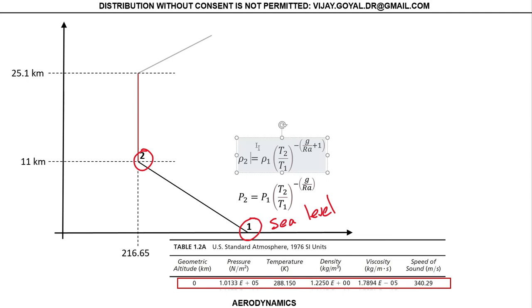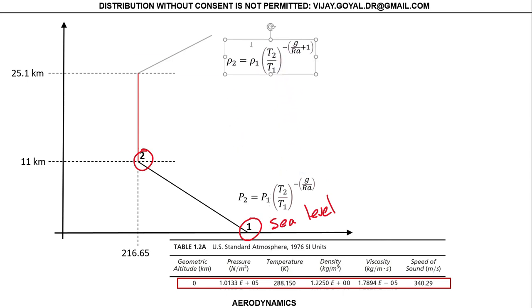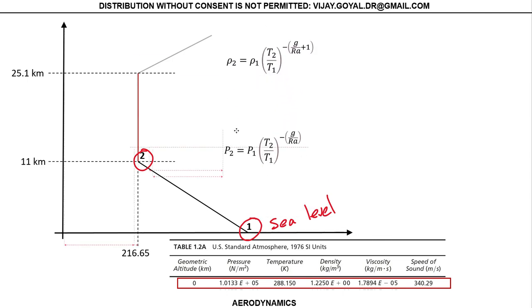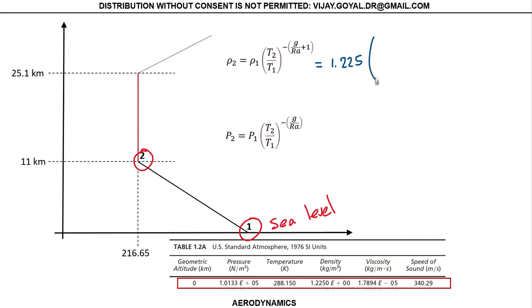Now let's separate these values. You may pause and take notes if you want to. The density here is 1.225, and my temperature 1 is 288.150.